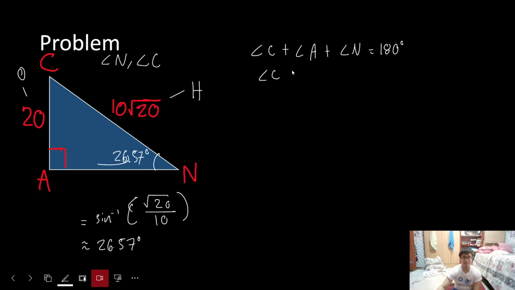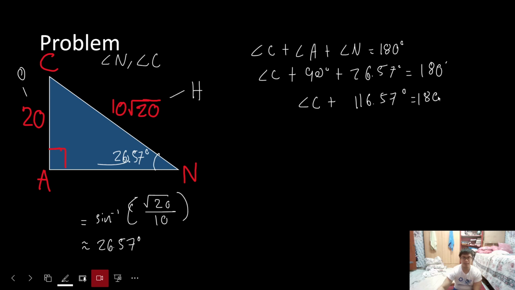So angle C plus your angle A, which is 90 degrees, plus angle N, which is 26.57 degrees, is equal to 180. So if you're going to add 90 and 26.57 degrees, you will have 116.57 degrees.